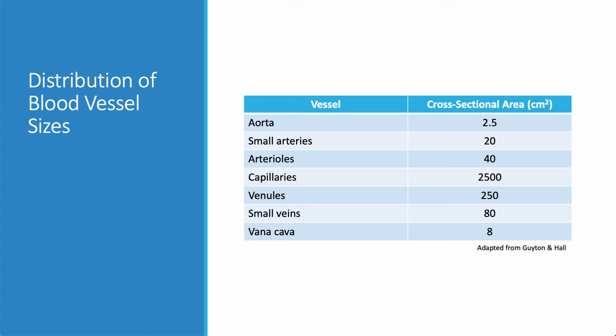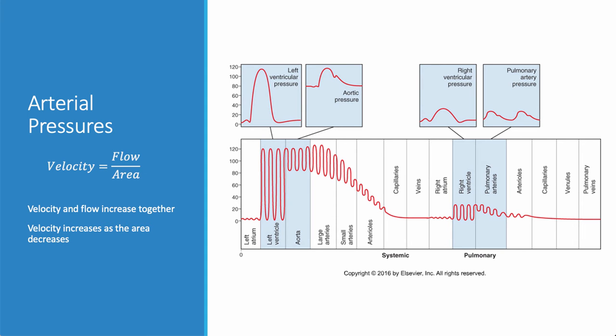Also, it's at a much lower pressure, right? In fact, the arterial pressures are the highest in the body. And as we get down to the capillary level, the pressure really falls off dramatically. The hydrostatic pressure, that is, the blood pressure. When we get to the capillary, other pressures are at work.